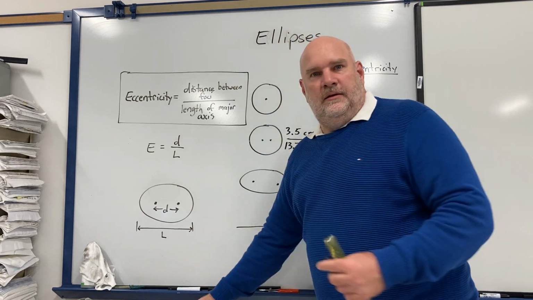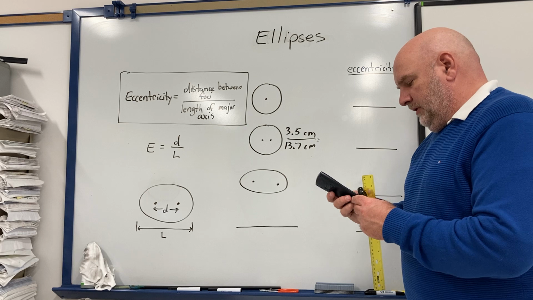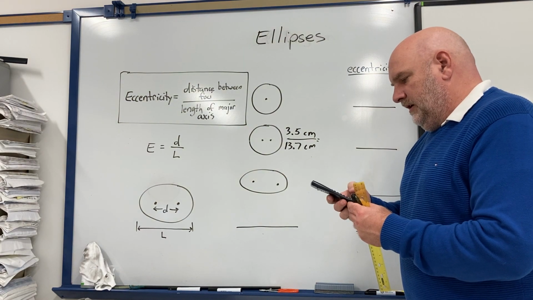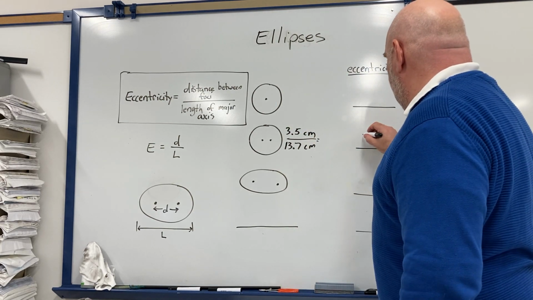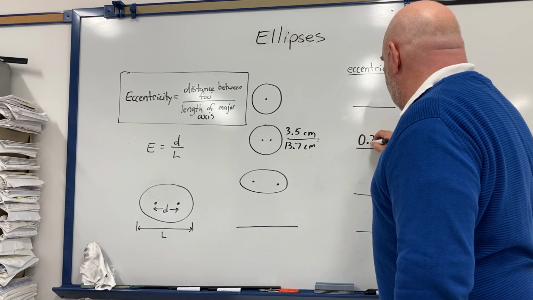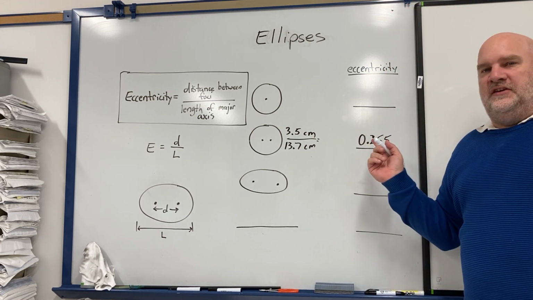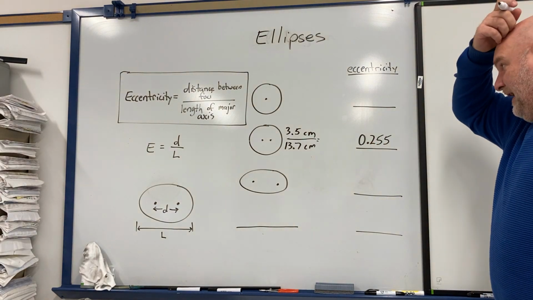So now I do my little math. 3.5 divided by 13.7, I get 0.255. Usually these are rounded to the thousandth. So mine's 0.255.